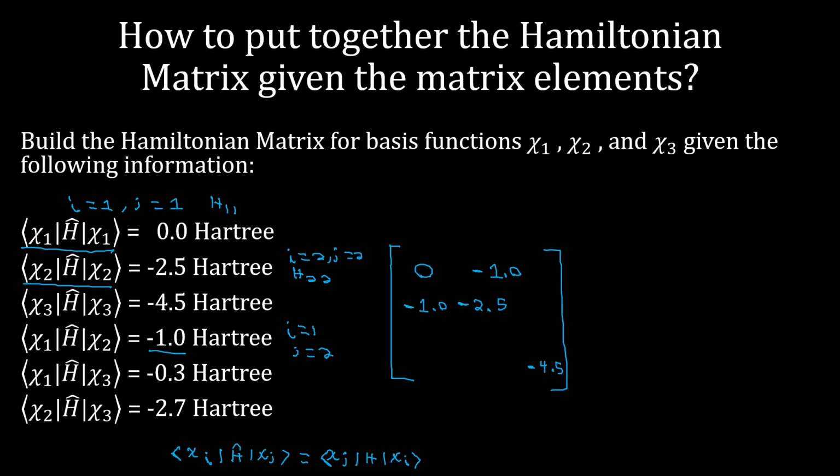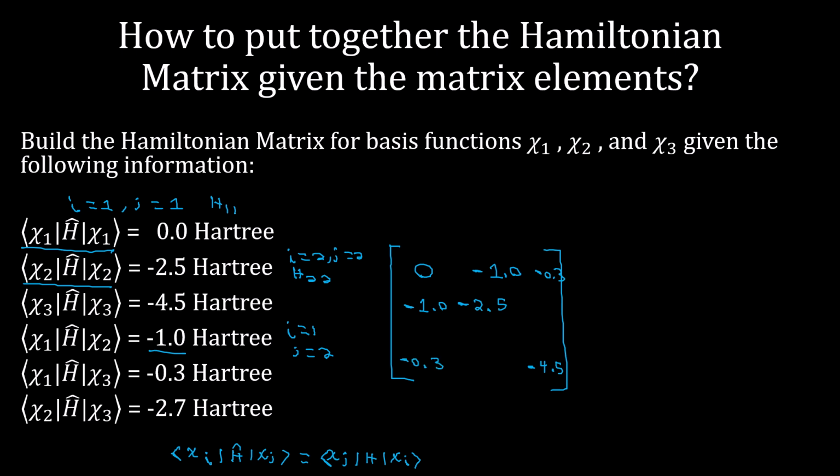Now let's look at the next one. We have chi1 Hamiltonian chi3. That tells us that row 1, column 3 is negative 0.3. And then by symmetry, chi3 Hamiltonian chi1, or row 3, column 1, also needs to be negative 0.3.